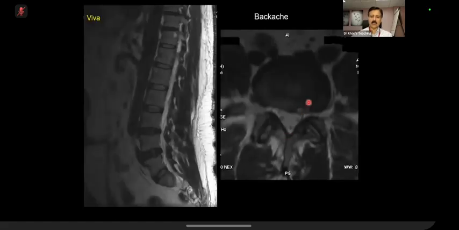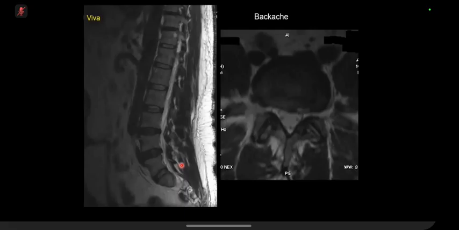What will you call this? It is in the parameters of degenerative disc disease. If you see here, and you can see this high signal here. Terminology is my question. Yeah.